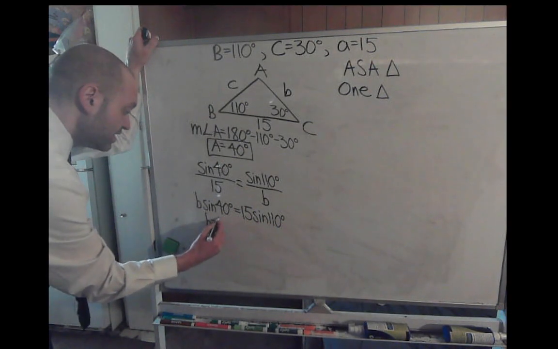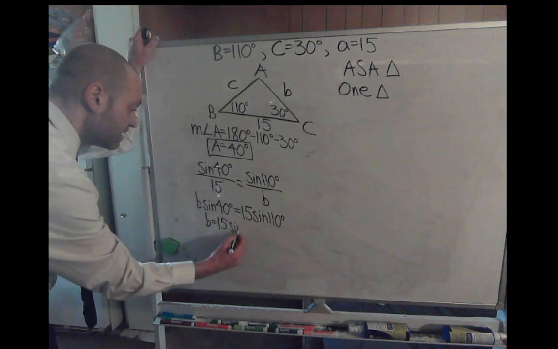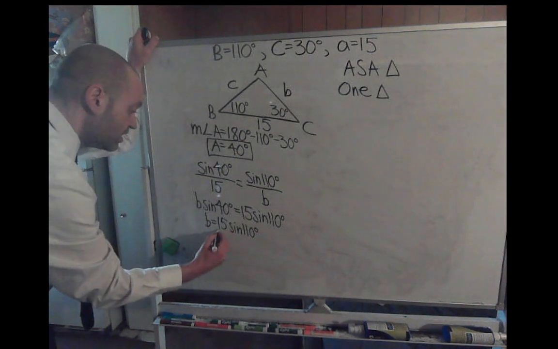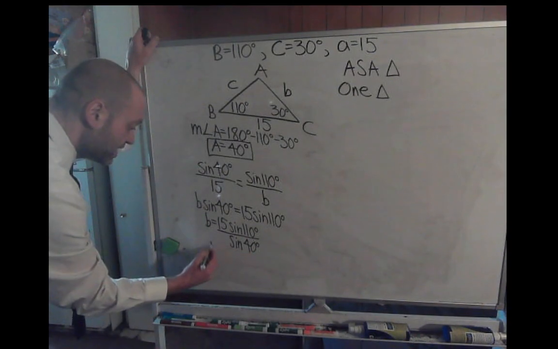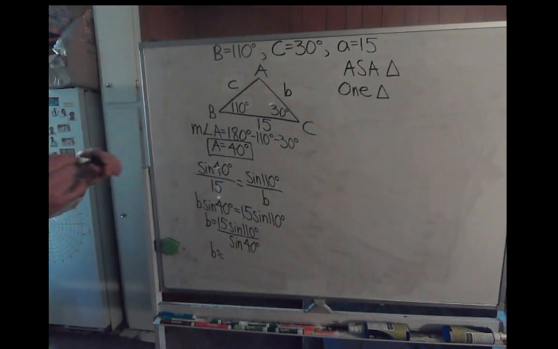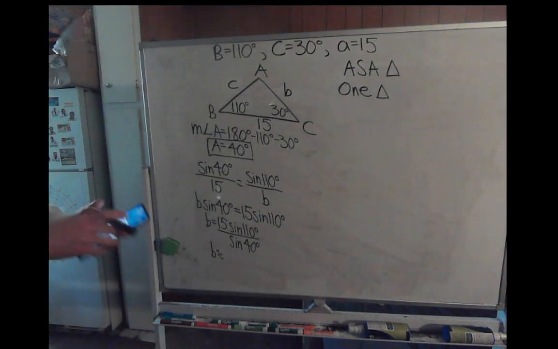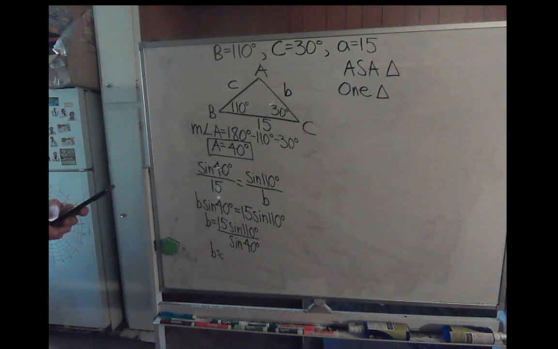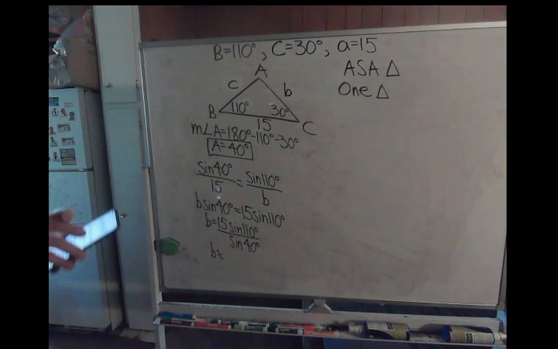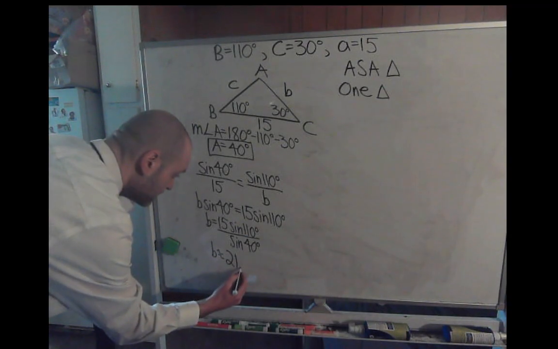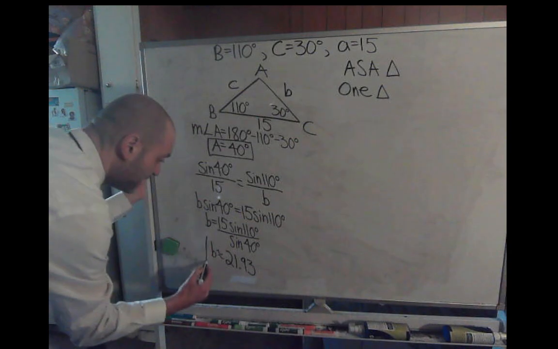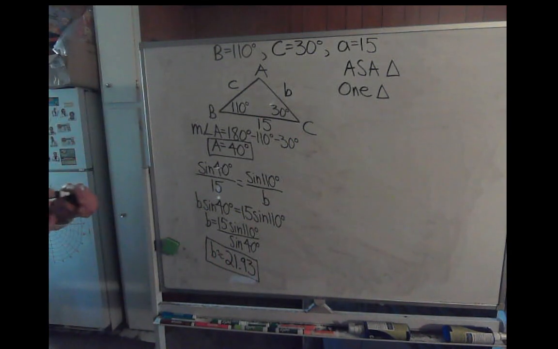So B is going to equal 15 times the sine of 110 degrees all over the sine of 40 degrees. And now we should be able to get a 2 decimal place approximation for the length of side B, which would give you about 21.93. So side B would have a length of approximately 21.93.